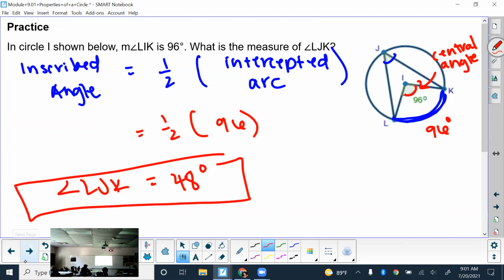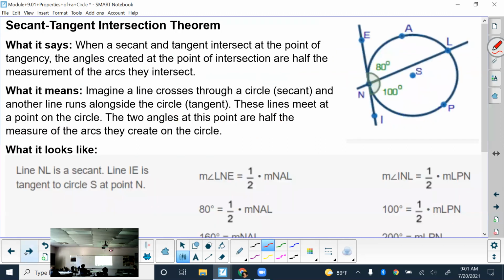We have the secant angle, or the secant tangent intersection here. So the important part is this right here. When a secant and tangent intersect at the point of tangency, the angles created at that point of intersection are half the measurement of the arcs they intersect.